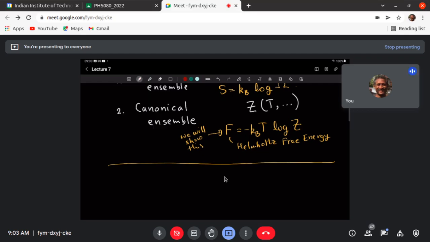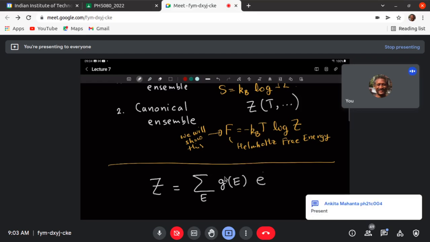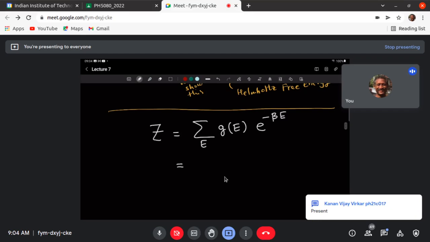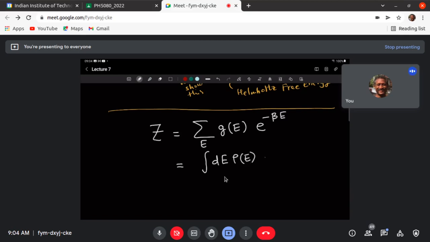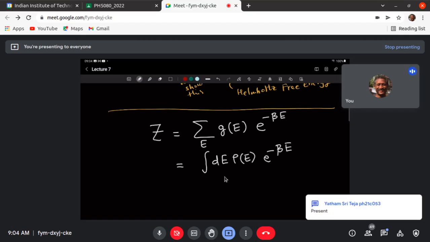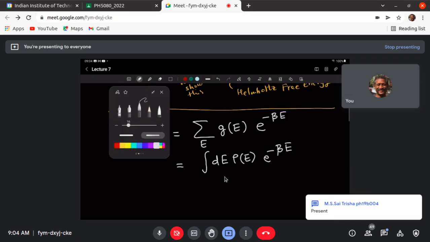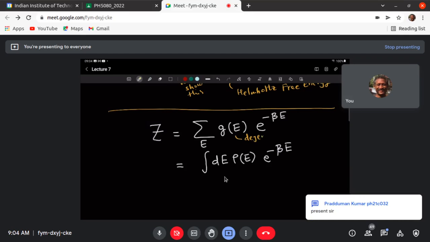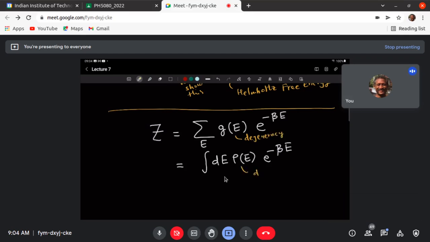So before that, let's recall that we gave multiple formulae for the partition function, and I'll write one particular one: sum over all energies, for discrete things, degeneracy g of E times e to the power minus beta E. And if you write this in the continuum way, we could write this as the integral dE rho of E e to the power minus beta E, where the summation is replaced by an integral, g of E was the degeneracy, and rho of E is the density of states.